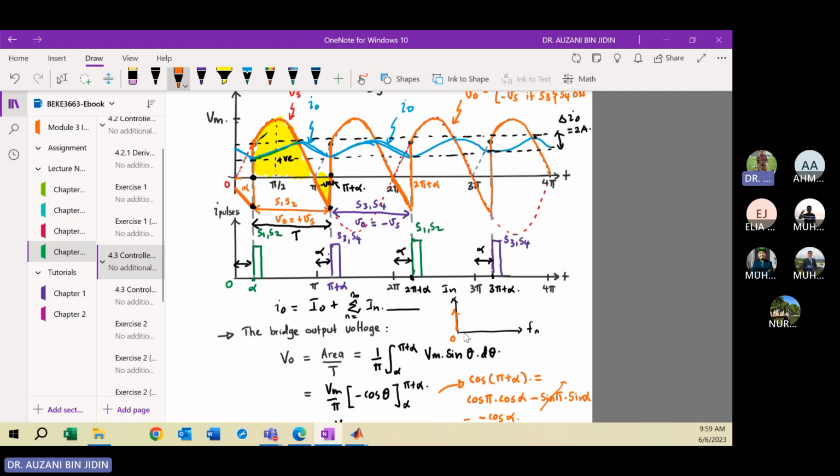N is the order of harmonic. And the first AC term, IN, where N equal to what? You can see from the wave shape here.